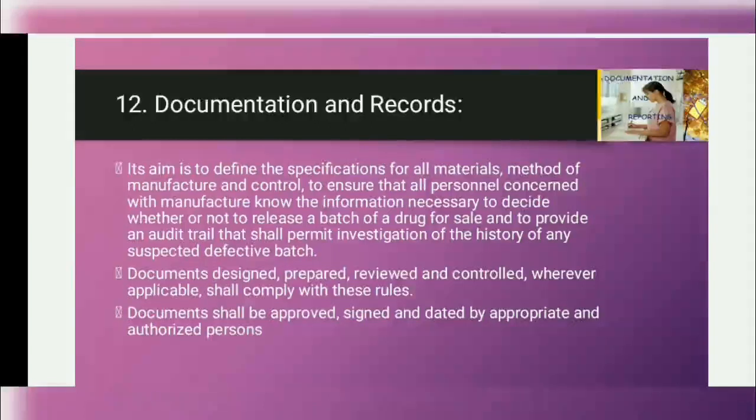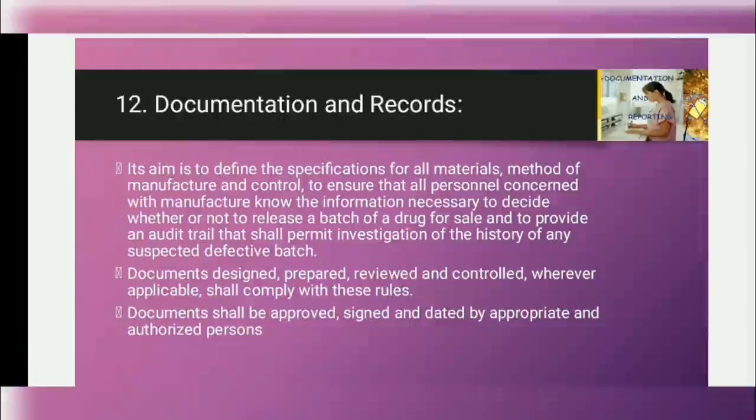So let us see the GMP requirements of documentation and records. The aim is to define the specifications for all materials, methods of manufacture and control, to ensure that all personnel concerned with manufacture know the information necessary to decide whether or not to release a batch of a drug for sale, and to provide an audit trail that permits investigation of the history of any suspected defective batch.